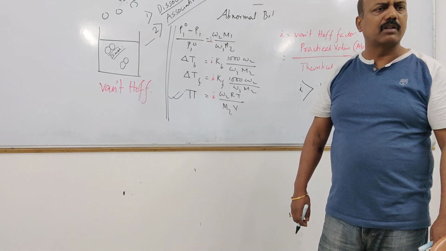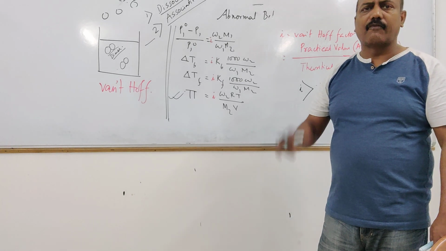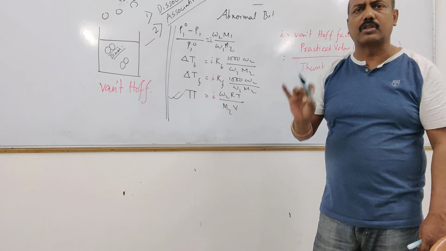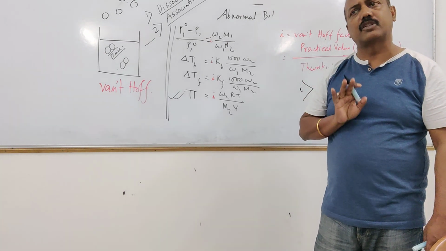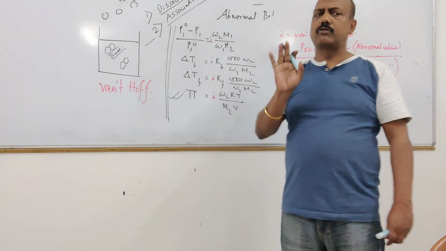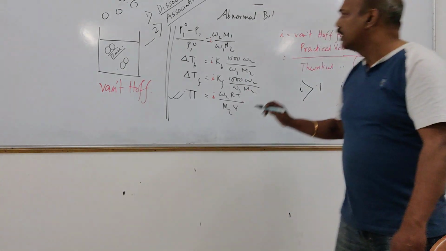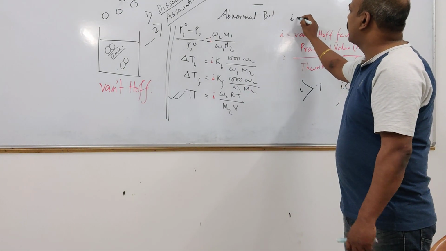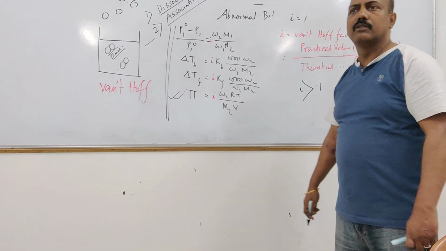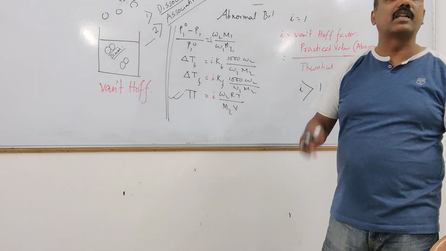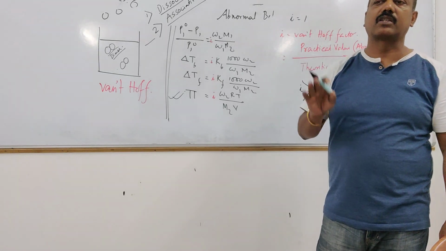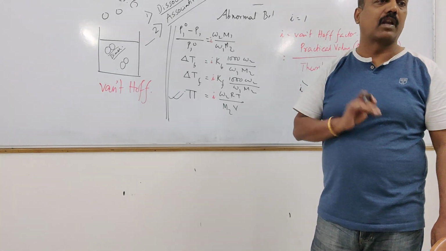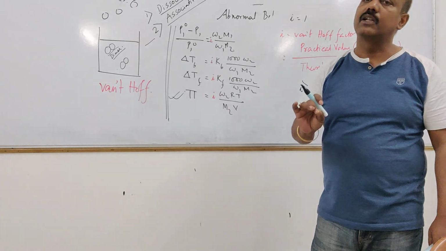Is it clear or not, you tell me? So the value of i is greater than 1 for dissociation, and less than 1 for association. Whatever the value, it will be either greater than 1 or less than 1. And when the value of i is equal to 1, the solution is neither undergoing dissociation nor association, meaning the solution is behaving normally.